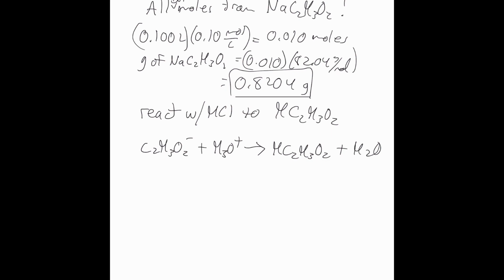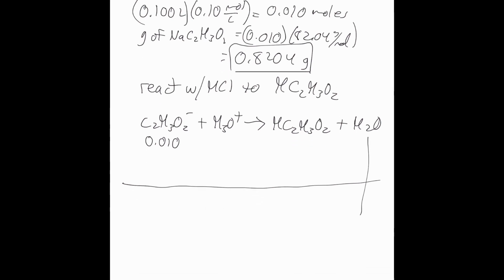Okay, so we're going to follow the same process we did the last time. In this case, we know initially we're going to put 0.010 moles. And we know the final moles of everything we want, because we know what we want is a buffer. We did it the last time, so I don't need to redo it. We need that acetate to be 6.45 times 10 to the minus 3, because that's the number of moles that makes it 0.0645 molar.